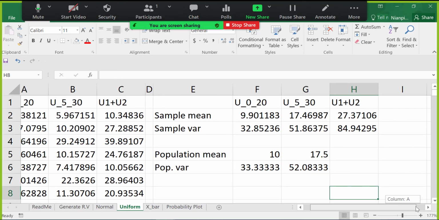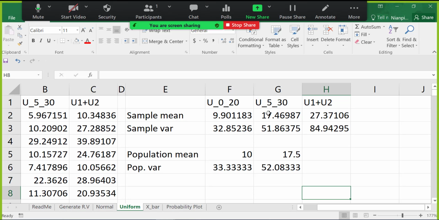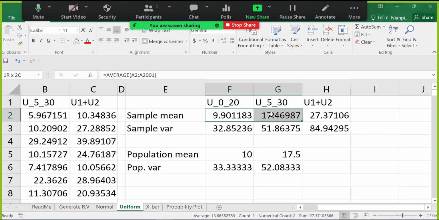Now, what's your finding from here? Because we did a simulation, right? We tried 2,000 experiments. So 2 random variables follow uniform distribution, just totally random. Two variables added together, the resulting variable's mean seems like you still add the two means together, right? Makes sense? It's quite close, right?